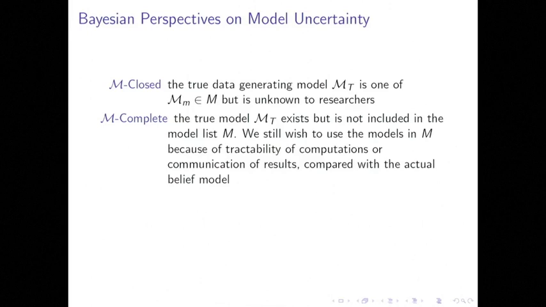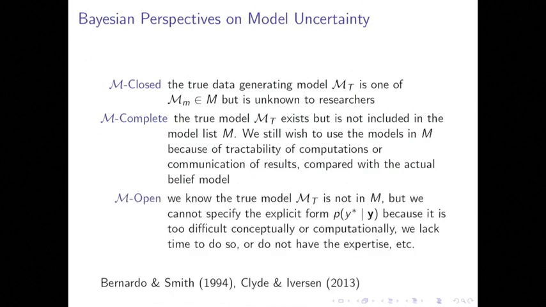They might be simpler to use, easier for calculation, and easier to communicate to others. So as an approximation, we would like to incorporate all of those in building a model and then quantifying uncertainty about that, knowing that we have the true model in our pocket that we'll reserve.